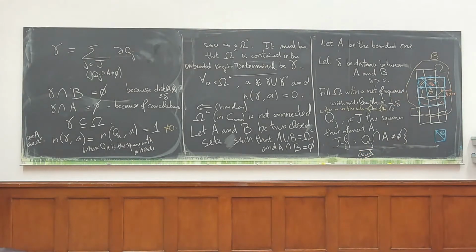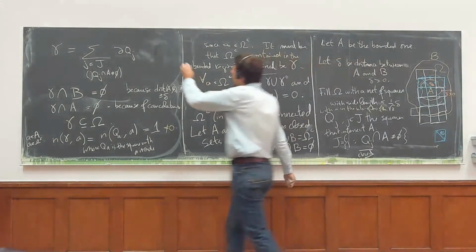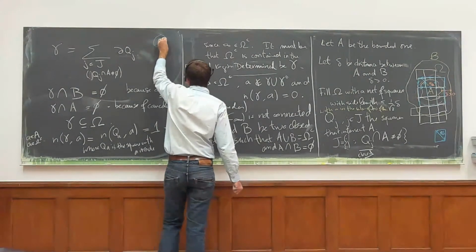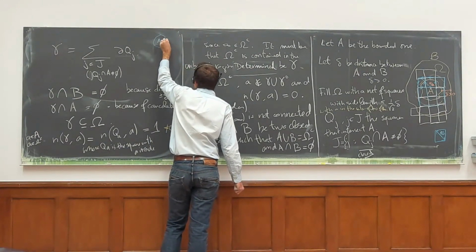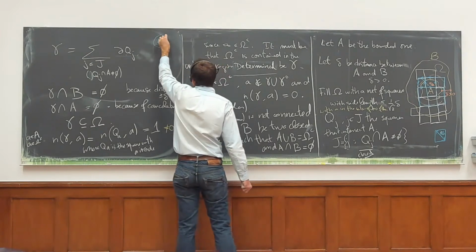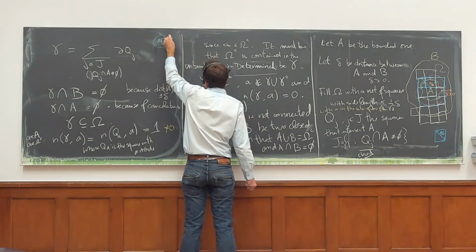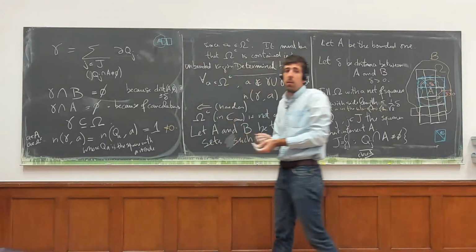Okay, so let's see what happens at the boundary. Let me see if I can make another picture. Maybe up there. If I have A, and now I have a square that hits right here, this is the problem that could arise. Then the square to the right gets counted as well.